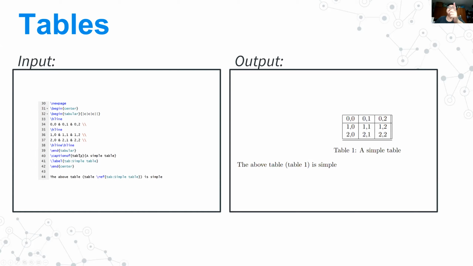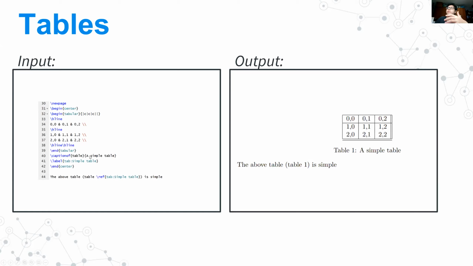Then the next thing is what you want to label it as. For this one, it is a simple table, so I label it as a simple table. You see the caption of the table, a simple table, will give you Table 1, a simple table. The caption takes care of the numbering for you. This is your first table, so it will be Table 1.